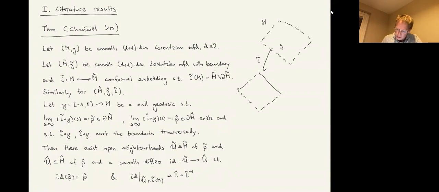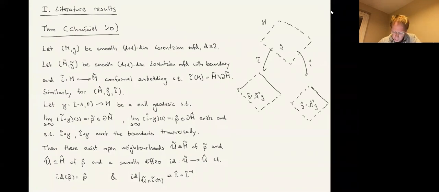If we have the metric G here, then this is a conformal embedding. So the metric G tilde will be something like G with a conformal factor. And we have another conformal embedding iota hat, and also here the metrics are conformally related.